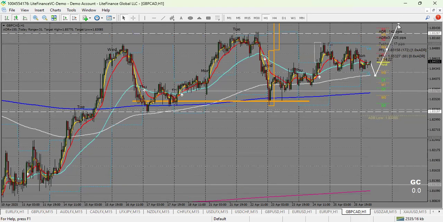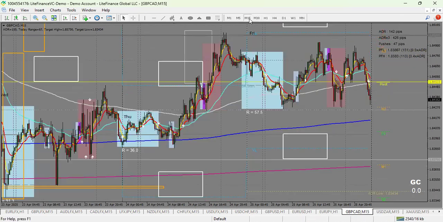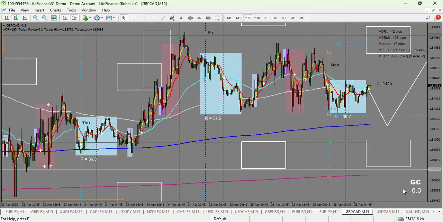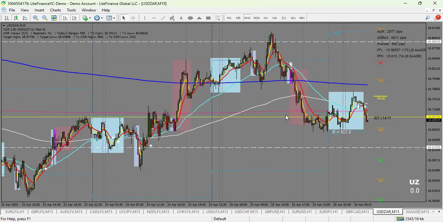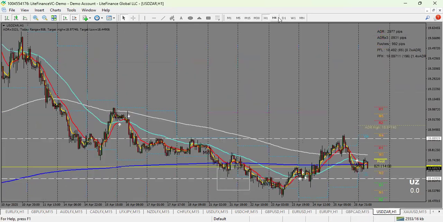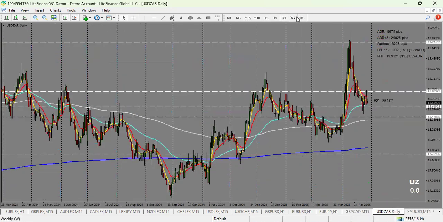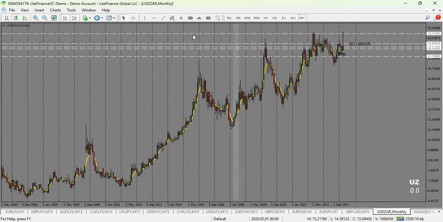So that's my anticipation on GBPCAD. So if it gives me a buy pattern, then I'll take a trade on it. Okay, so let us look at USDZAR.